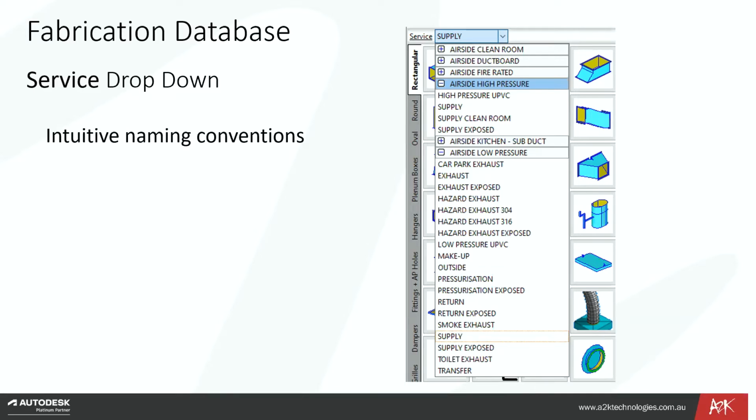This removes the requirement to know what gauge, etc., and what connectivity is required for each service. So if that's passed through to your fabricator, they should pick up that information and be able to manufacture to specification, to the Australian standard specifications.